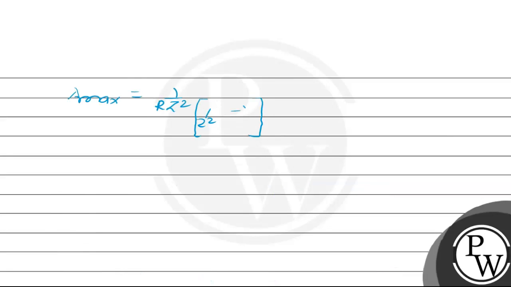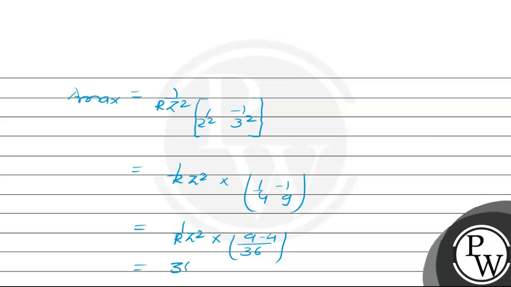This is 1 upon 2 square minus 1 upon 3 square. So this is R into Z square into 1 upon 4 minus 1 upon 9. This is 1 upon R Z square into, taking LCM, 36, 9 minus 4. So this will be 36 upon 5 R Z square. This is lambda max.